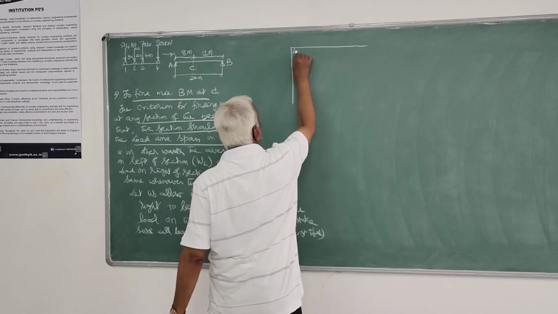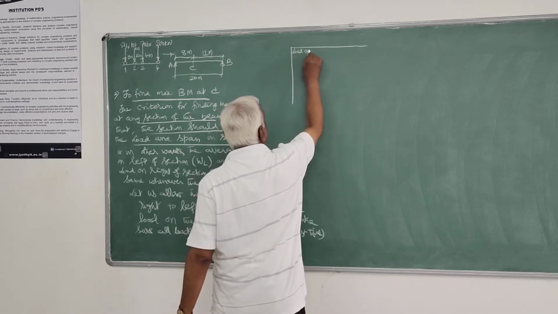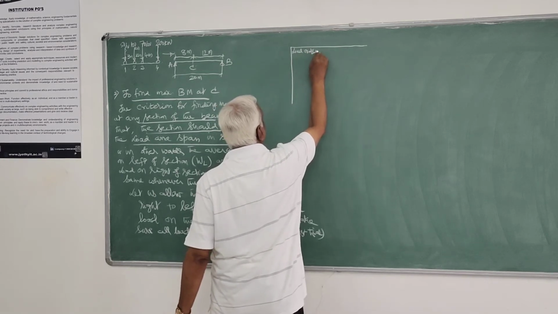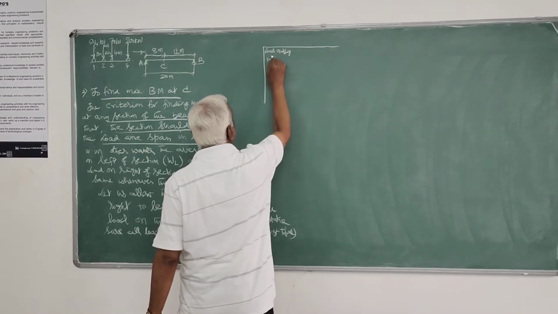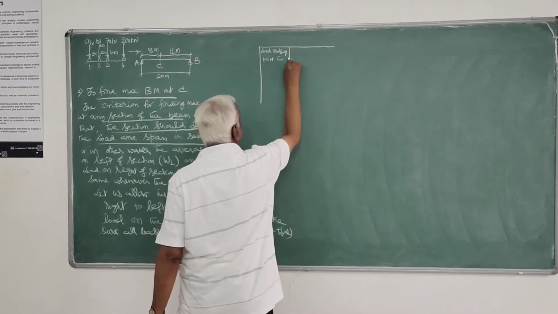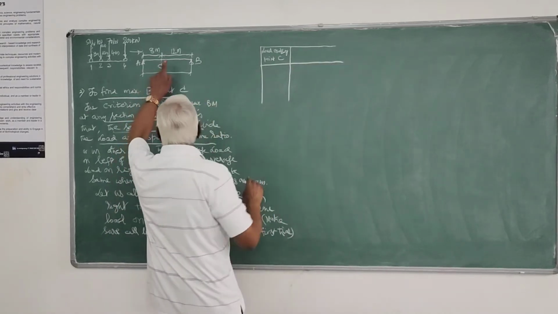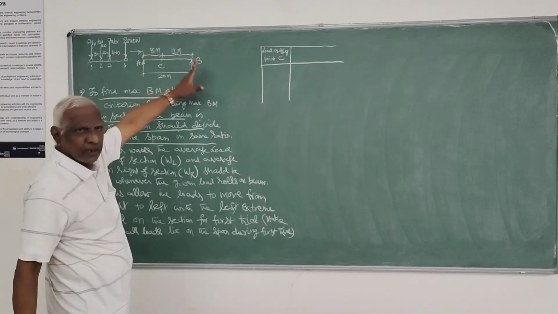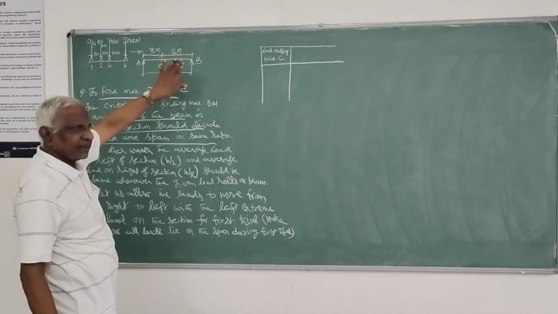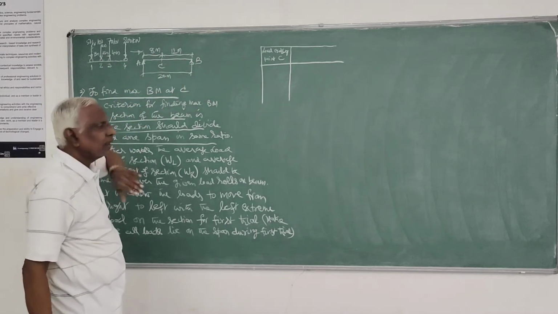Load crossing point C. So for the first trial, you consider all loads to be on the right side and allow the load to move from right to left.